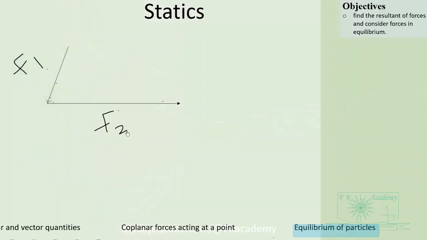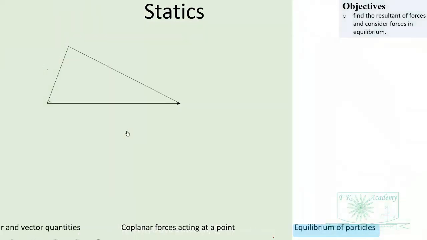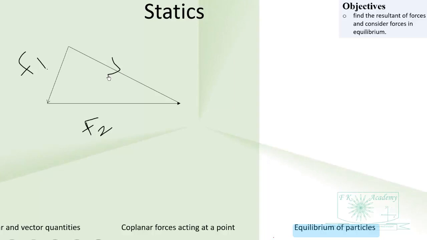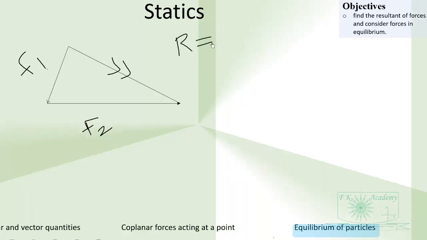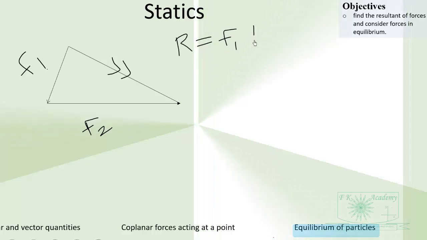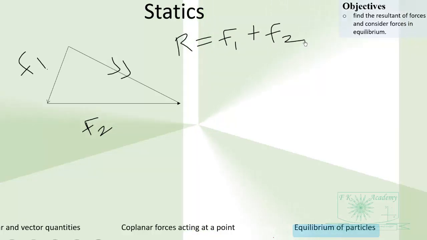Now we can have a third force that is meeting F1 and F2. So that third force is what we call the resultant force. So the resultant force will be equal to the sum of the two forces F1 plus F2.